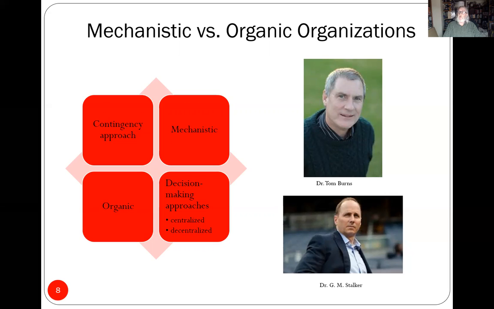It has to be very mechanistic by nature. So the first thing to understand is that one is not necessarily superior or better than the other. They are simply ways that we approach doing things that are more appropriate in some circumstances than another.